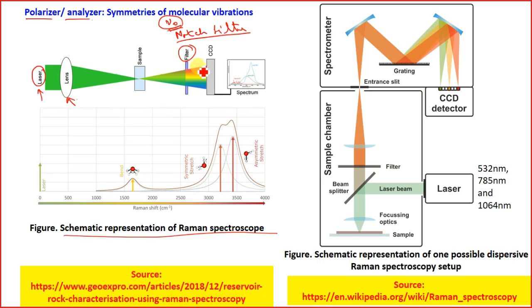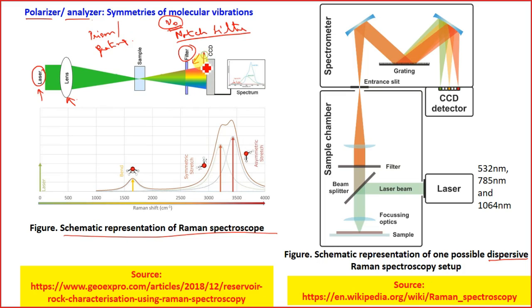Then, apart from this filter, we have the dispersing agent, which is basically the prism, or it may also be a grating, which will make the radiation disperse.